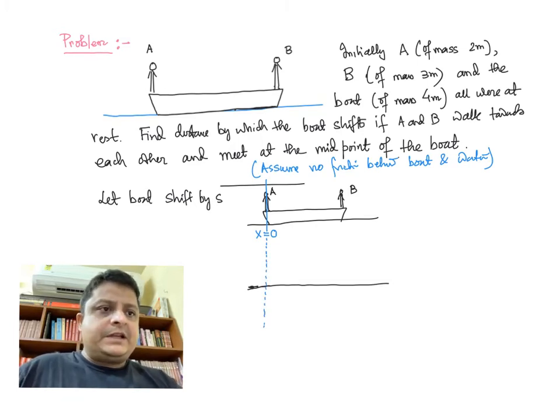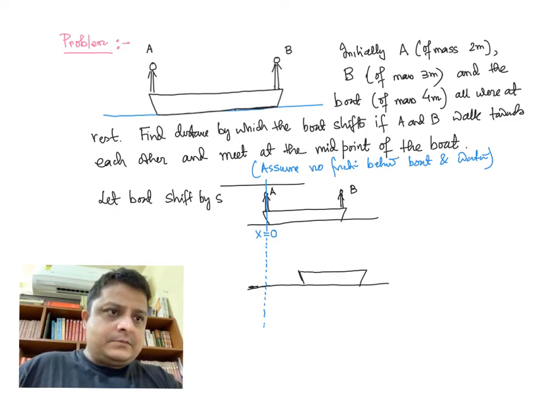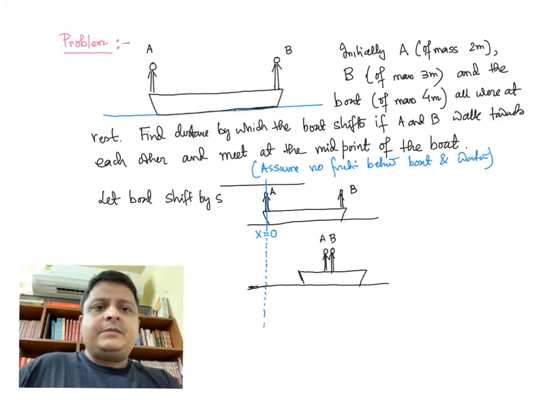If the diagram is proper, the problem will be solved. With a neat and clean diagram, you can see everything happening. A and B, say they meet at the midpoint of the boat.